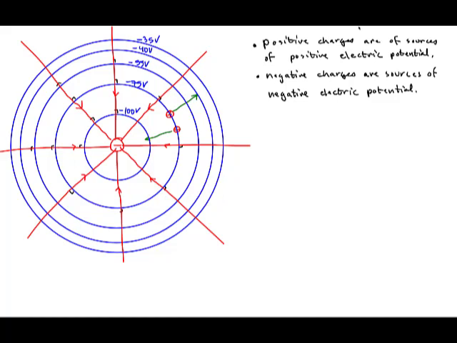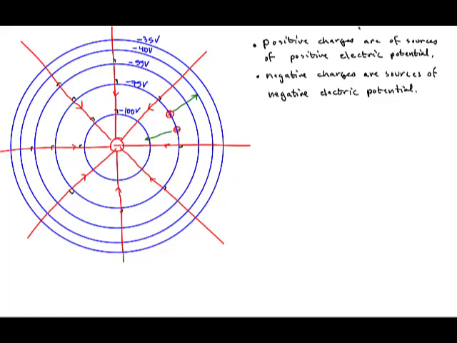And remember, a negative number with a larger magnitude is actually smaller than a negative number with a lower magnitude. For example, minus 100 volts is a smaller value than minus 35 volts, just like minus 1 volt is smaller than 0 volts. So this is indicating the direction of decreasing electric potential. And that's how the electric field lines orient.